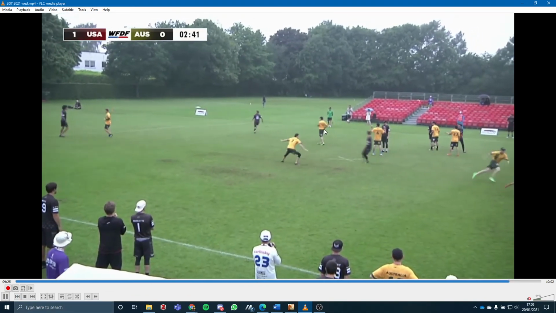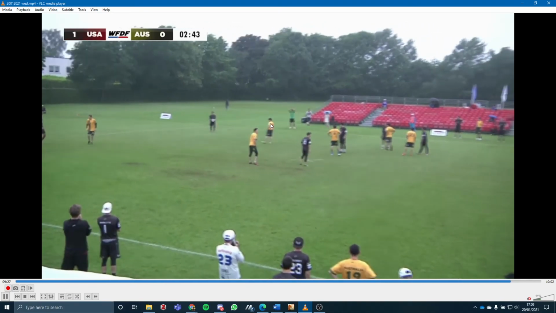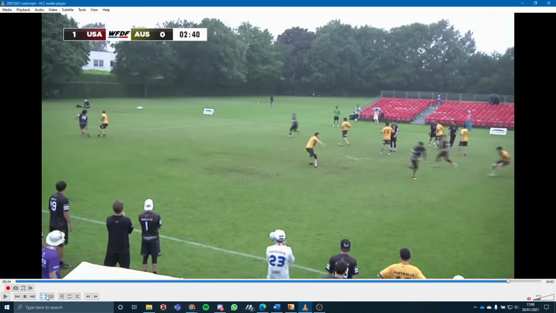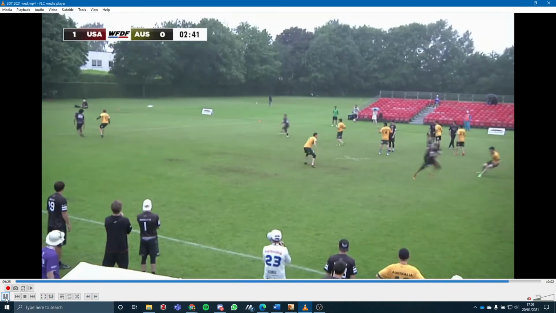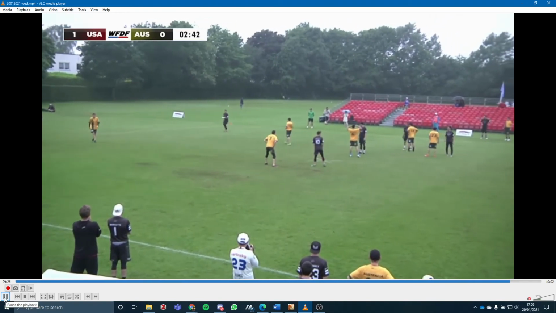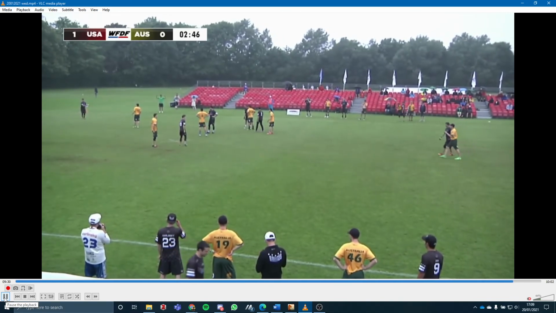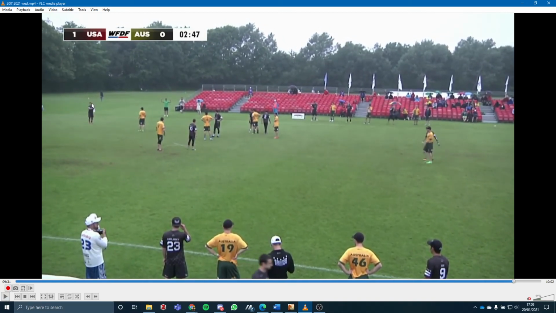If he puts his hand up in the same way, then he could have made it more obvious. And then what should happen after this pick is called? Where does the disc go back to? Does anybody know? Does this person stay with the disc, or does it go back, or any other situation?